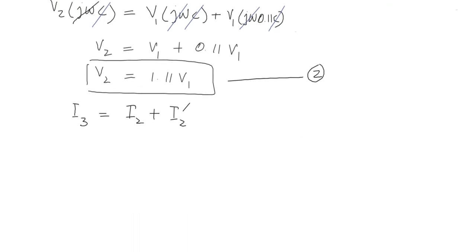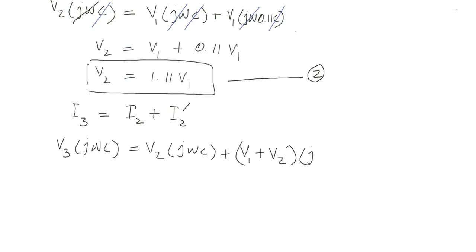again we are going to start from I3. I3, we said earlier, is V3 times j omega C, and I2 is the current through the middle insulator, and the voltage across that is V2 times j omega C again, plus now I2 bar is the current through this earth capacitance, and the voltage across it, as we said, is V1 plus V2 multiplied by j omega times 0.11 C. Okay, so we can cancel j omega C here, j omega C here, and j omega and C here.